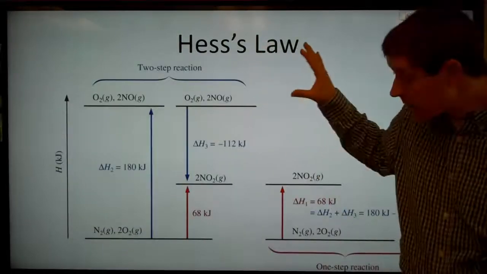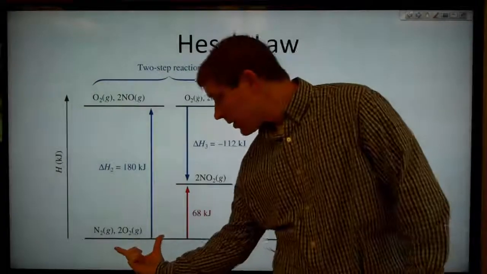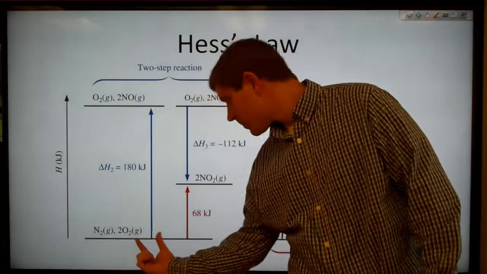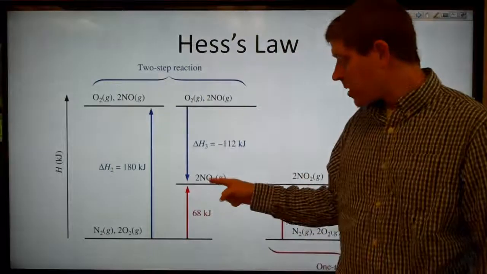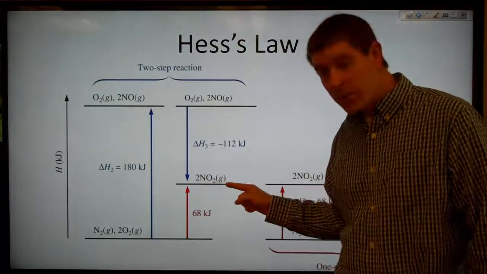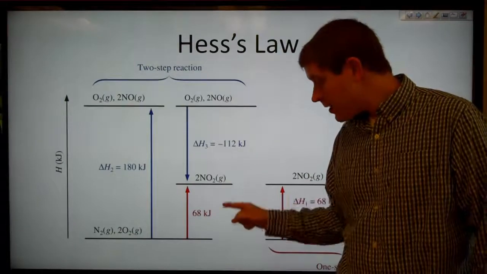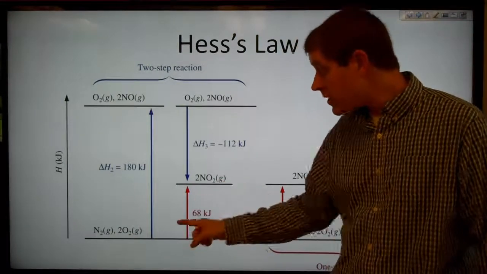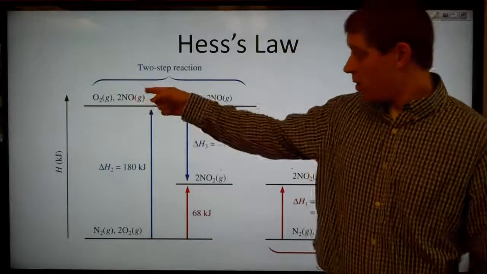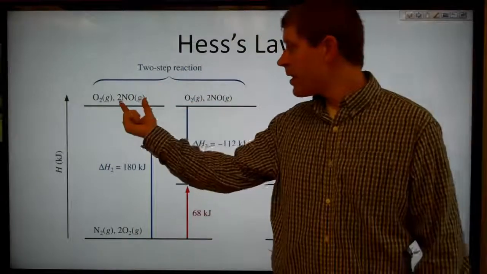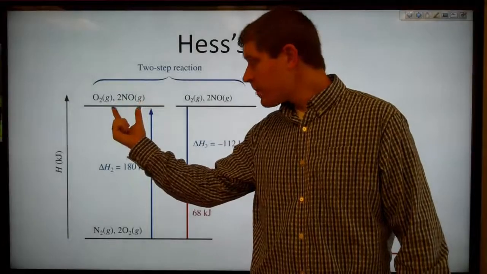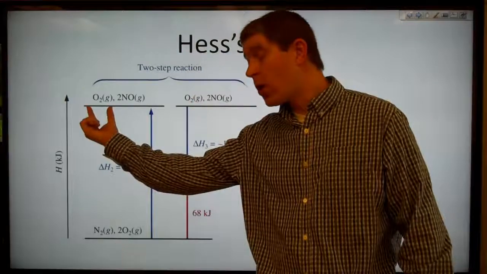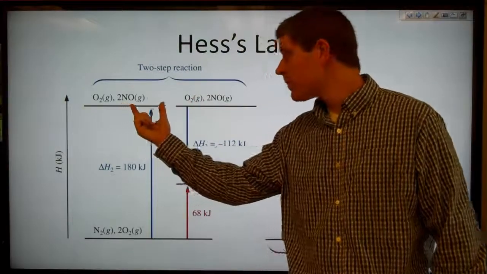And we can show that graphically by saying, well, we start out here with N2 and two O2 molecules, and we can move up in one step to two NO2 molecules, and that enthalpy change is 68 kilojoules. Or we could do this in two steps. We could react with one oxygen molecule first and go from an N2 molecule and two O2 molecules to one O2 molecule and two NO molecules.